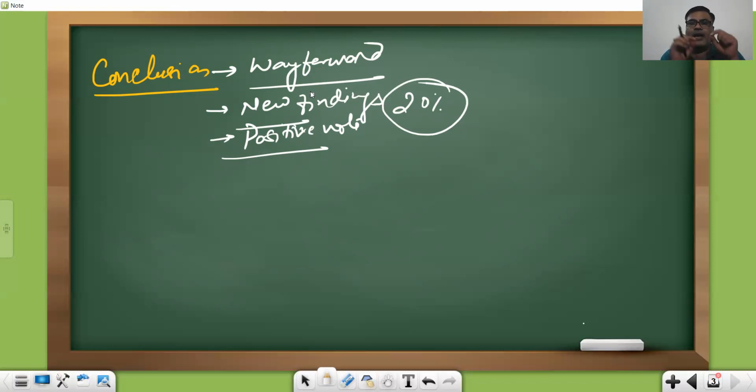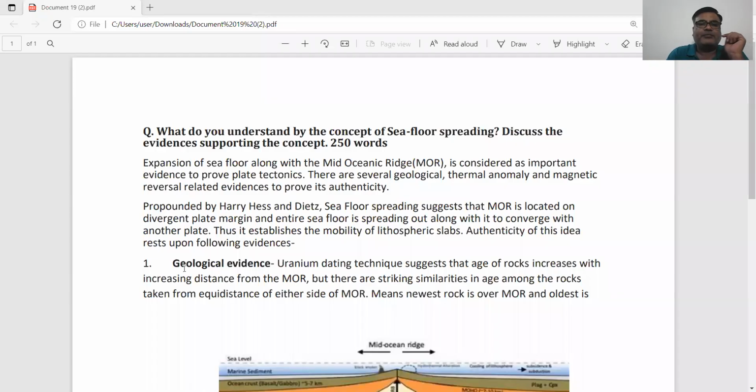Now, if you have understood this thing, and I'm sure that many of you have, but for the people who have not yet, I'm giving one example. I have written a question and one answer for you people, and I want to share it with you so that you will be able to get the exact idea of what you are supposed to write.